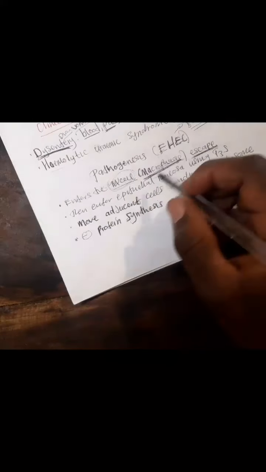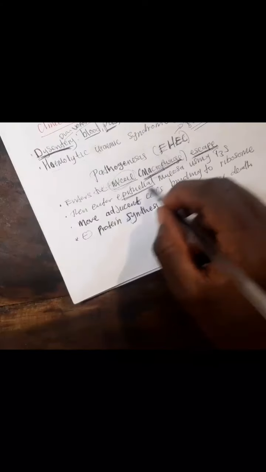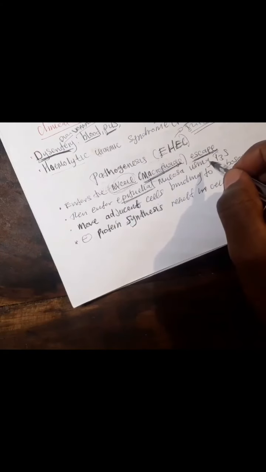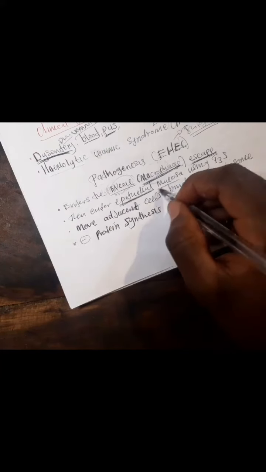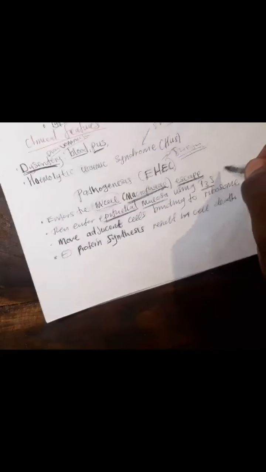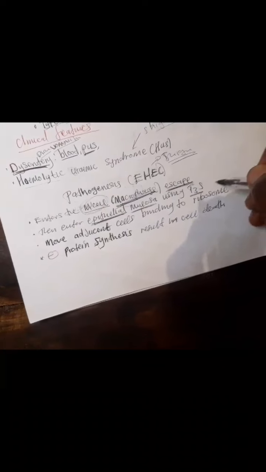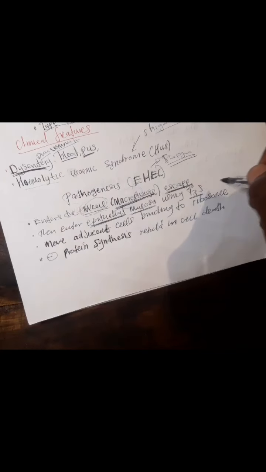After escaping, it enters the epithelial mucosa lining, entering the cells inside. Then inside the cell, it uses the type 3 secretion protein to cause the pathological conditions.